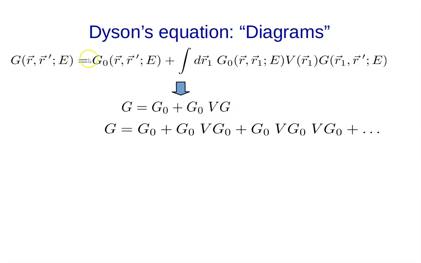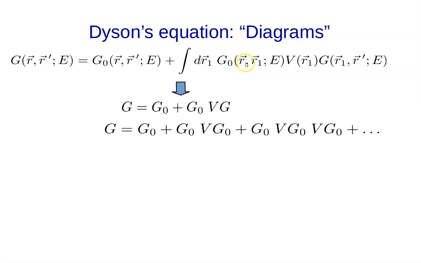If I write these equations pictorially like this, G equals G naught plus G naught V G, remember that here there's an implied integral over r1, since the propagation goes from r prime to r1, potential at r1, and then free propagation from r1 to r.